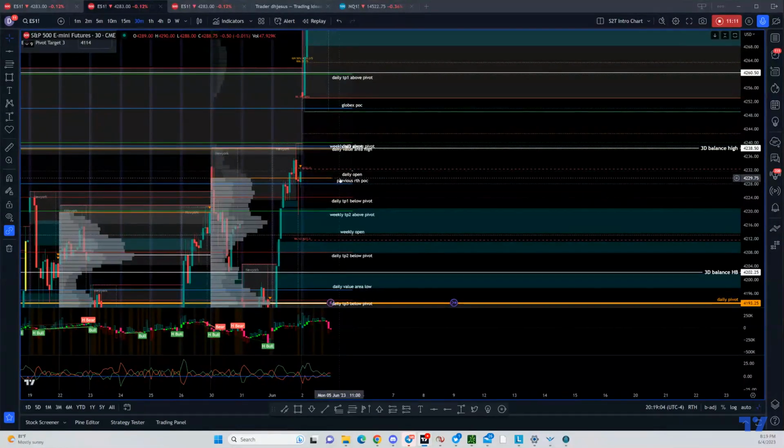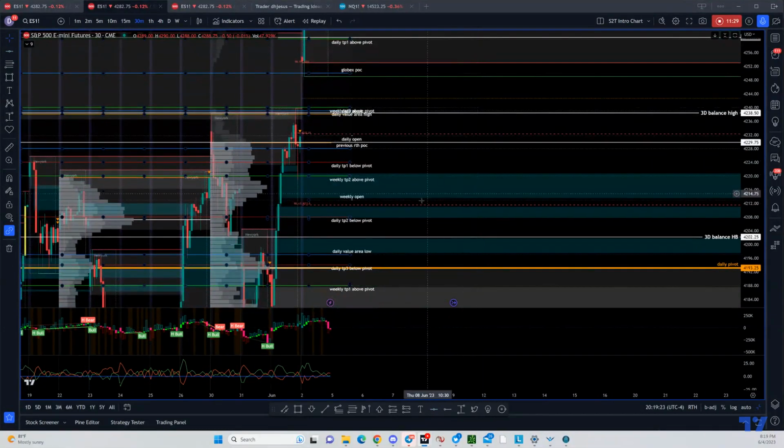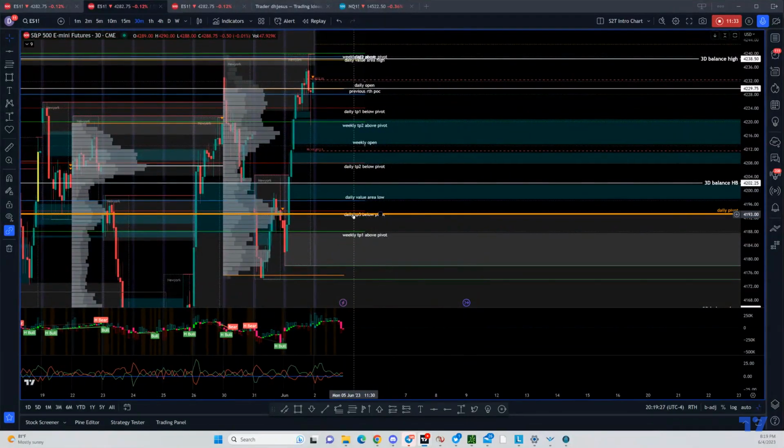All right, let's use the value area here. From 60, we're going to target the value area high for last week, which is 30. So from 60 to 30. From 30, we're going to look for the POC, which is at 93.